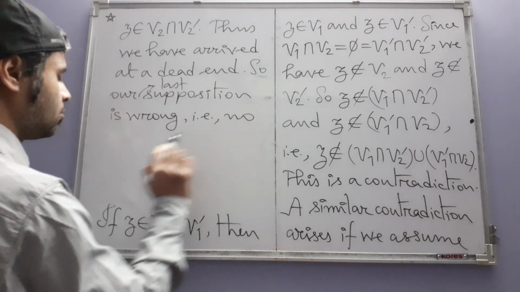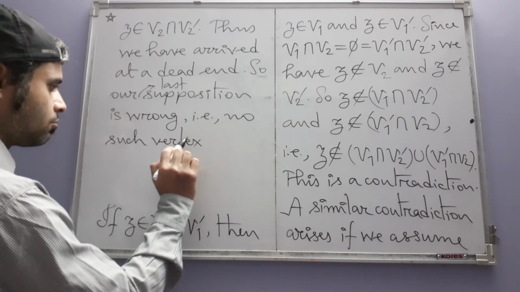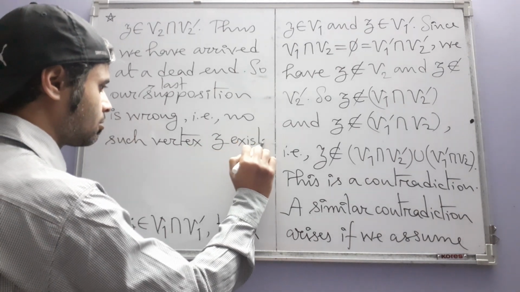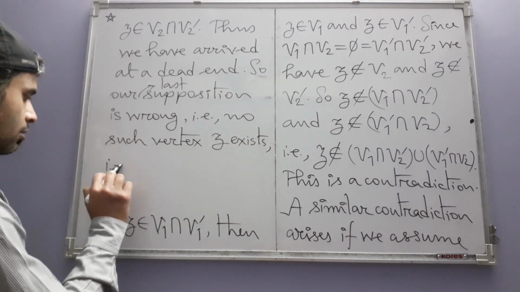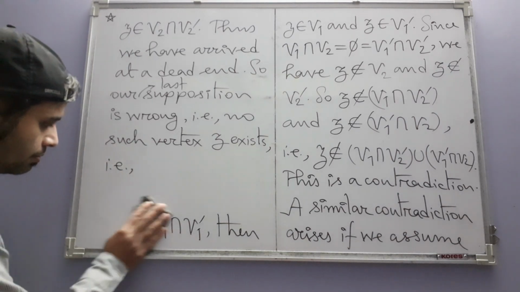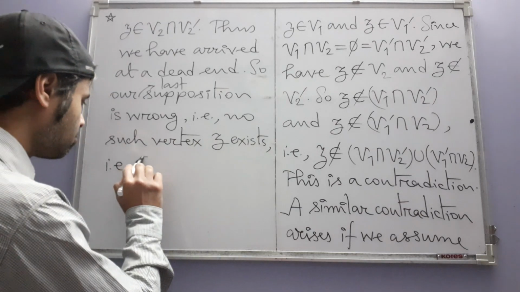i.e. no such vertex exists, i.e. the intersection is empty. Intersection of what?